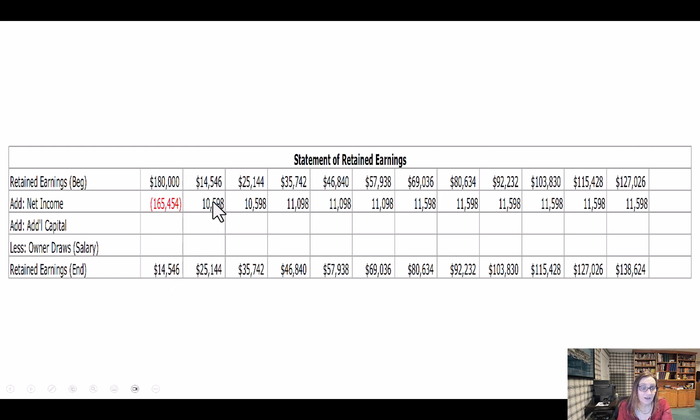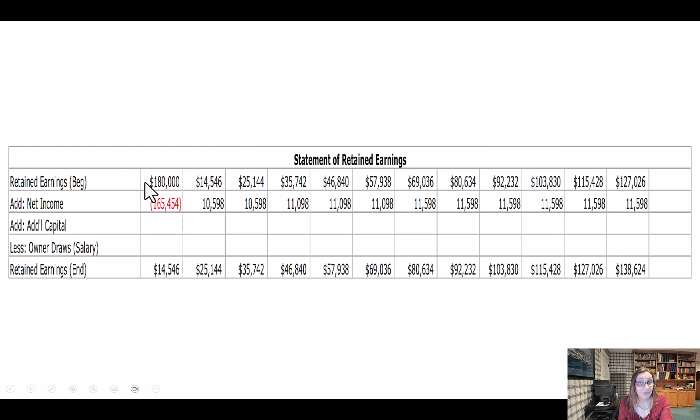And we add in the net income and all the other items to get month 2 ending retained earnings, which becomes month 3's beginning retained earnings, and the process repeats itself all the way to the end, so that you can see at the end of month 12, there's $138,624 retained in the business.